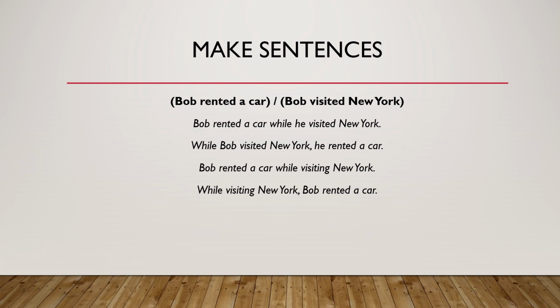We have several options in this case. We can use ing because we have the same subject in both sentences. We can put while first, or we can put while in the middle. Lots of options here. Let's check the next cues. Jim met his future wife. A summer festival.